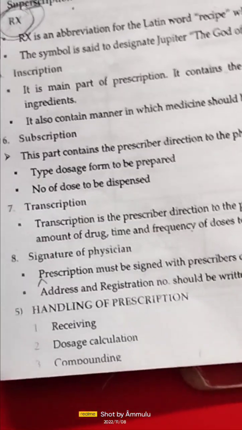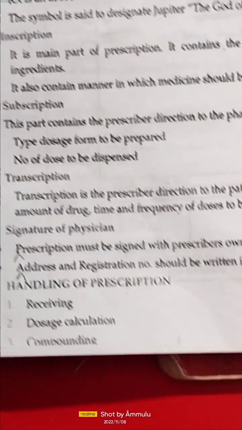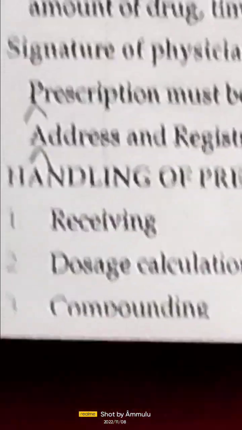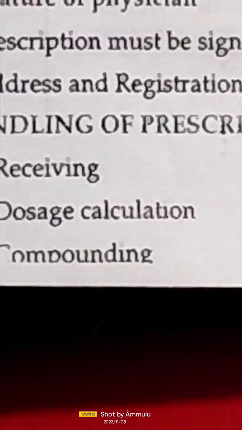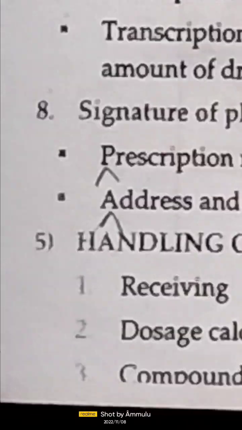Handling of the prescription. After completion of writing the prescription, you must handle the prescription very carefully, and it is more important. Handling of the prescription contains receiving, dosage calculation, compounding, finishing, pricing, delivering.